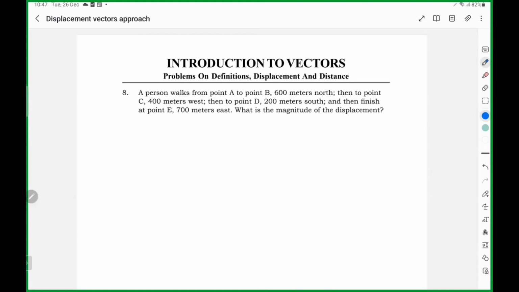Here a person walks from point A to point B towards north, and then to the point C towards west. 200 meters, it is east, west, north, south. 200 meters south.